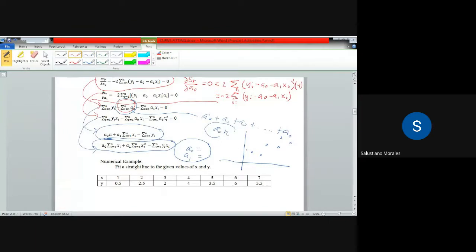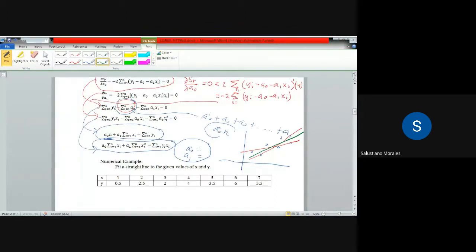Maybe the A0 and A1 we get will give us this line. Another value is maybe we consider this line. Or we have also a line like this, giving a certain value of A0 and A1.